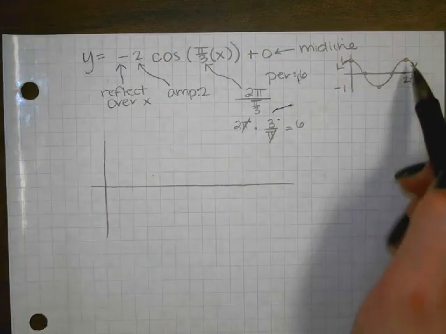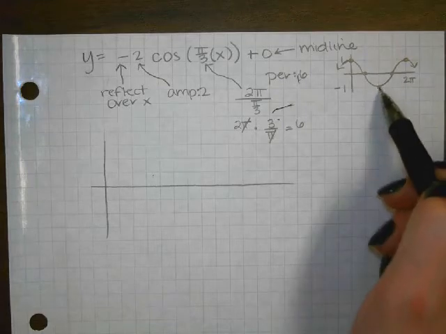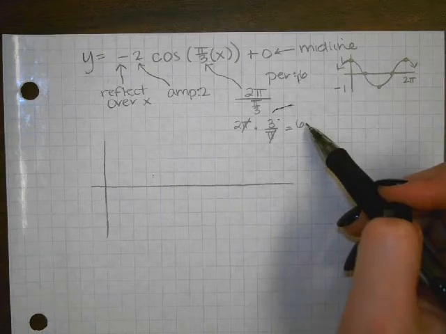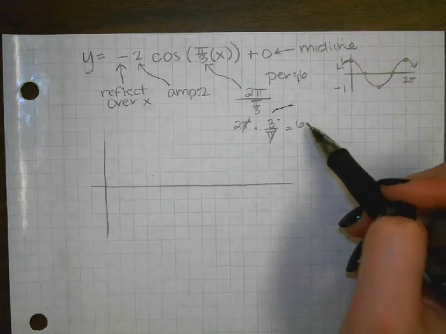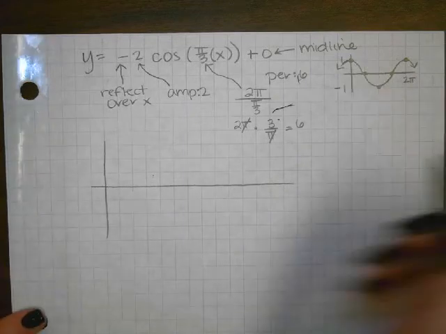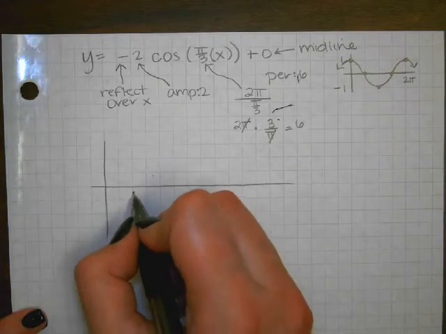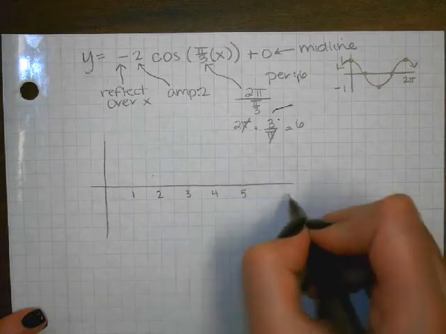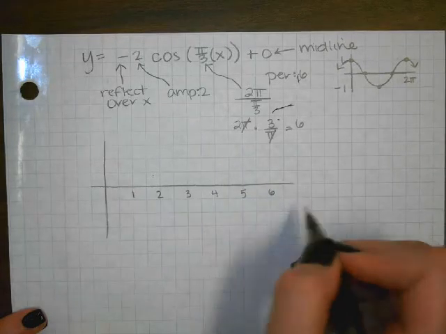The reason that I do 4 is because we're going to divide the picture in half, and then we divide it in half again. So if I had to draw a period of 6, I might do 12 boxes, because 4 boxes and 8 boxes don't go into 6 very well, but 12 does. So I'm going to count 1, 2, 3, 4, 5, 6. So I'm using 12 boxes.